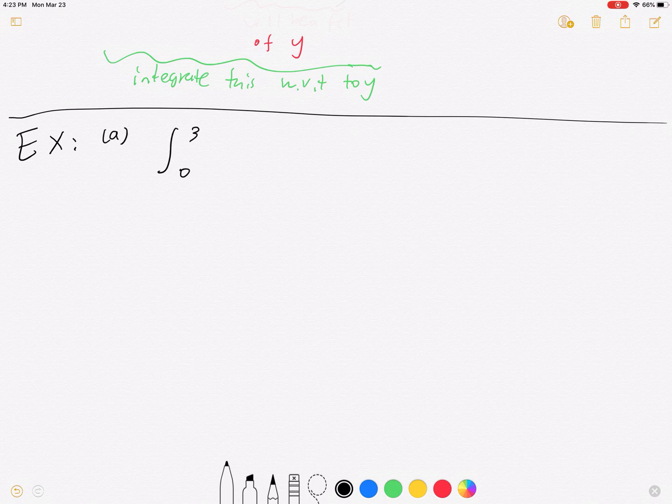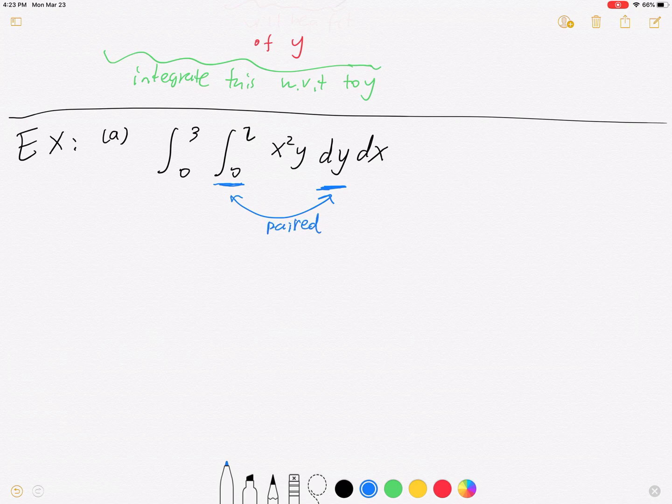So let's compute the following integrals. Remember that here we always use the following convention. We pair up the integral symbol to the nearest dy or dx. So this is paired. In other words, 0 and 2 is the region for y.